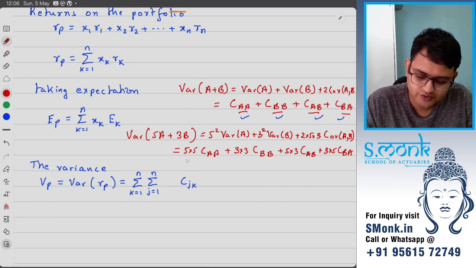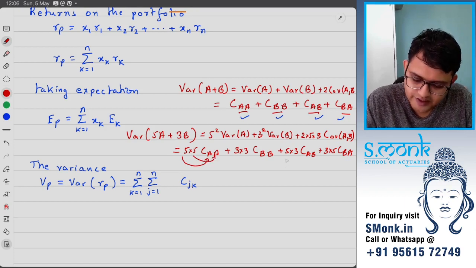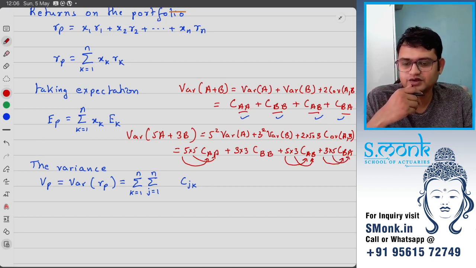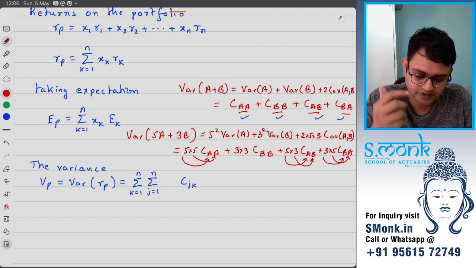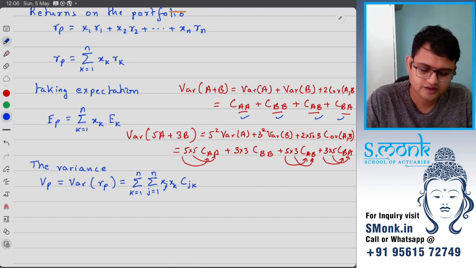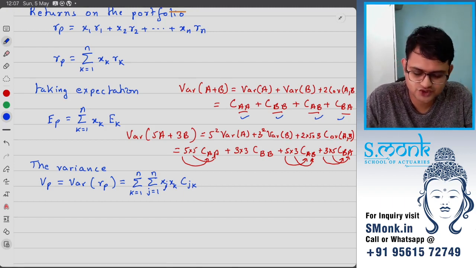Right? So what I have written is first the coefficient of the first letter, then the coefficient of the second letter. Similarly here, first the coefficient of the first letter, then the coefficient of the second letter. So I'm just multiplying with the coefficients. So even here, I'll have x, j, x, k.